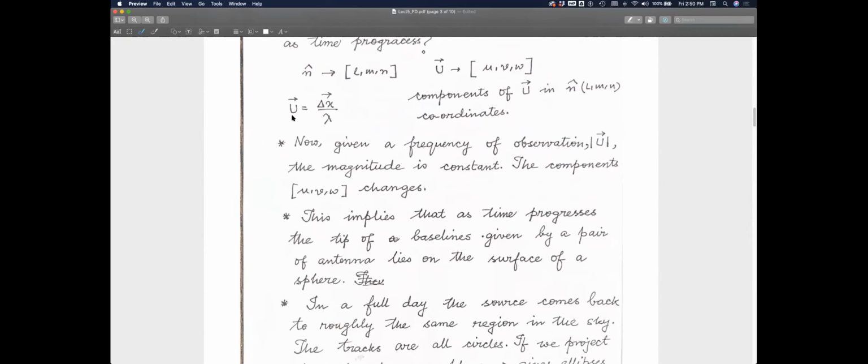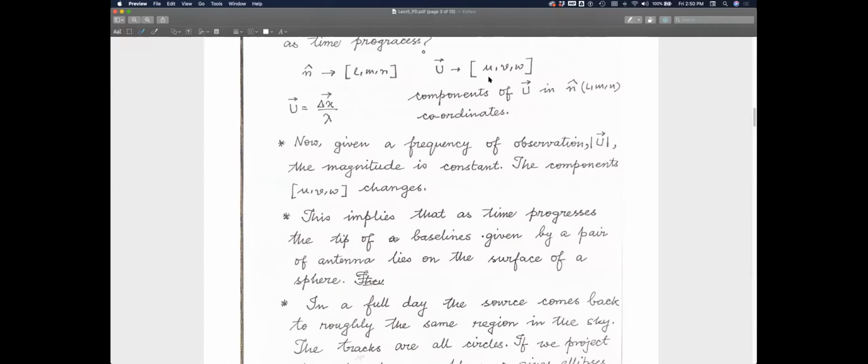So if I fix two antennas and observe at a single frequency, the amplitude of the vector u for these two antennas will never change. The components u, v, w will change. The vector property of u will change, but its amplitude will never change.